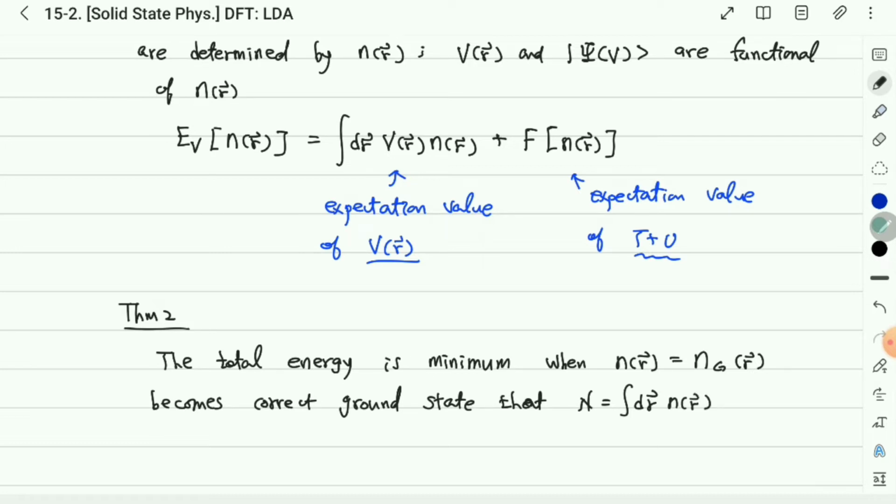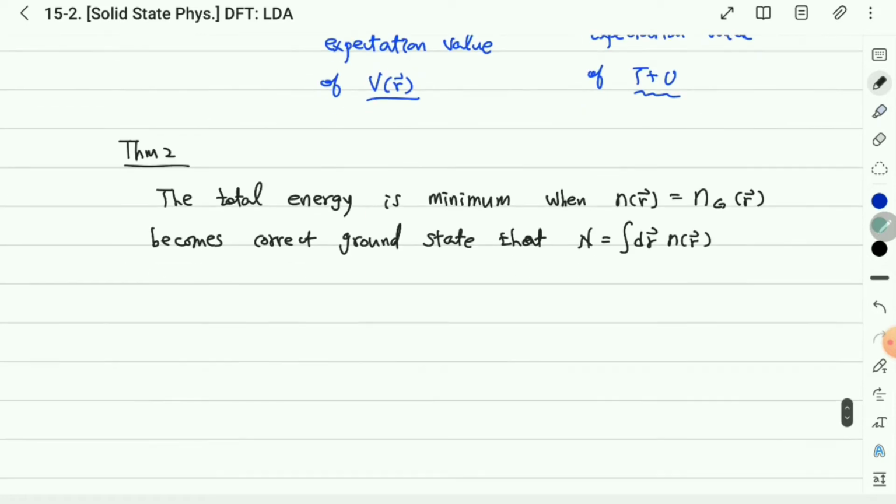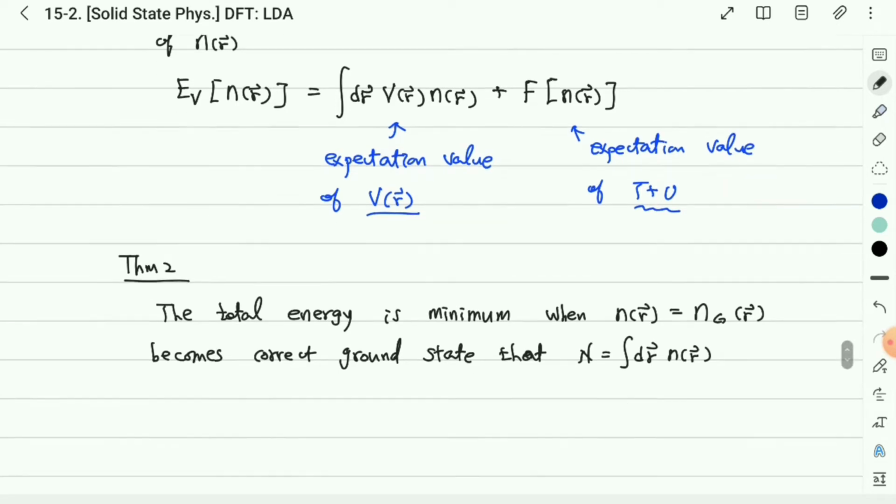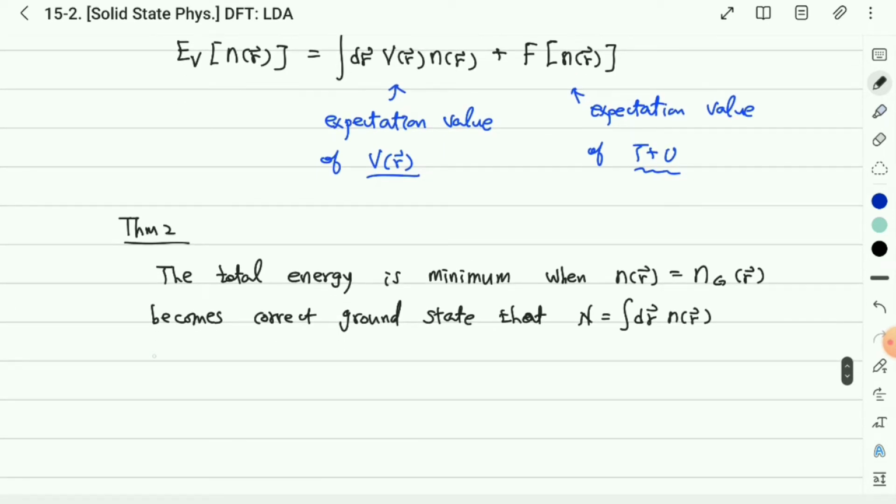It is very natural and generally accepted. Because this functional F can be written like this, these are the two basic theorems of local density functional theory.